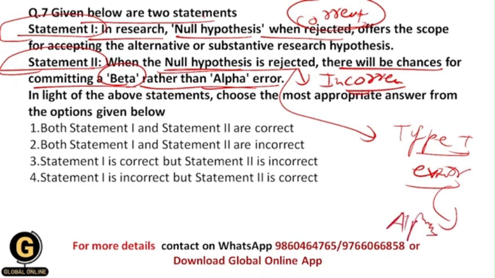Alpha. And that's why over here there will be chances for committing alpha error. There should not be beta error, and that's why your correct answer should be 3, because over here statement 1 is correct but statement 2 is incorrect.